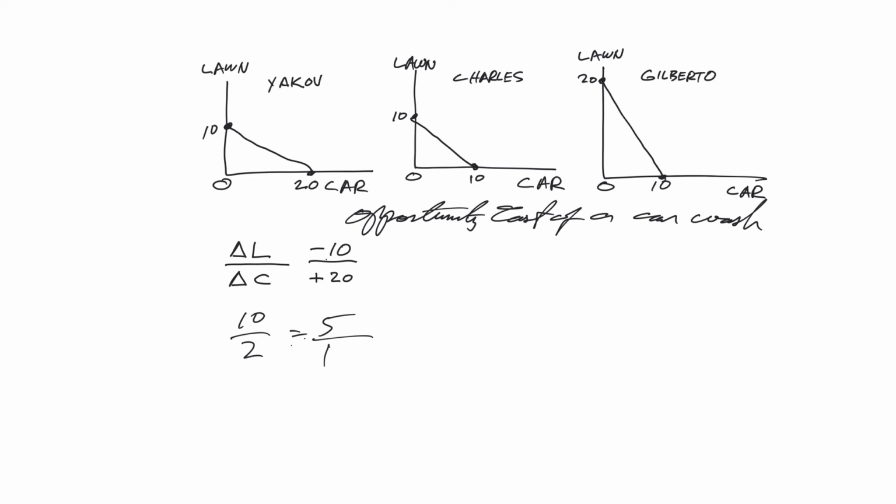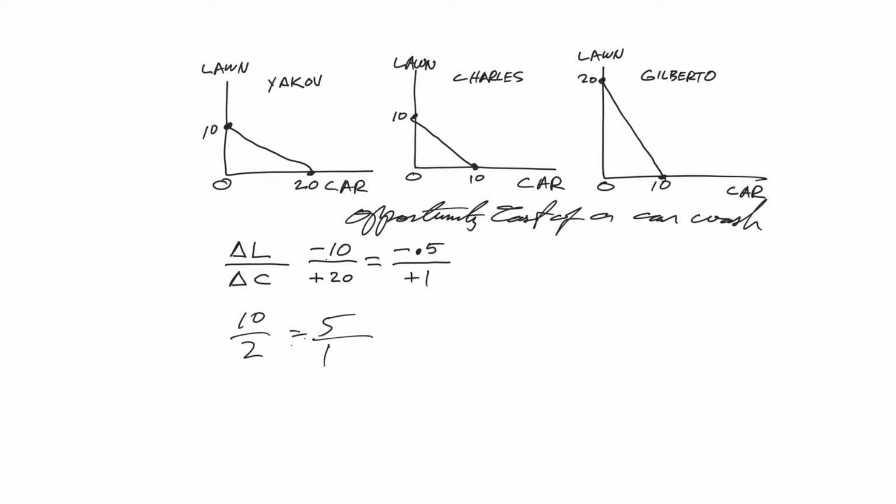So we put in here change in car washes plus 20, that will result in lawns going down by 10. All right. Well, what is negative 10 divided by 20? Negative 0.5, right? It's a half. Where's the 1? Well, we're just going to put that in here.